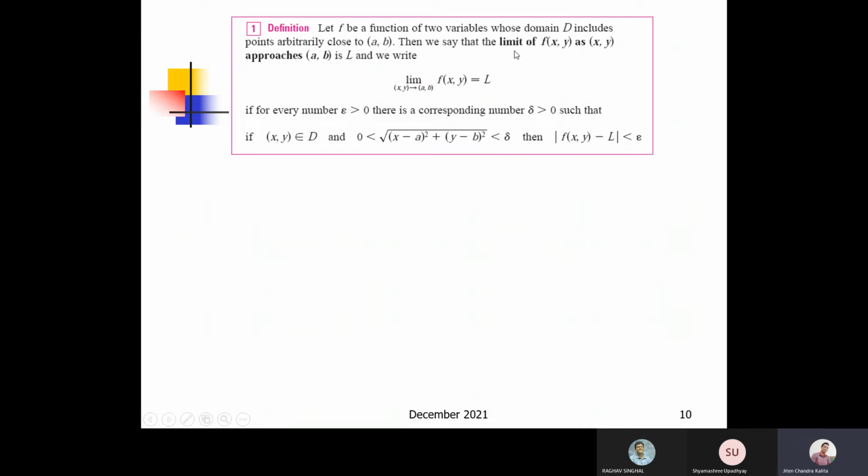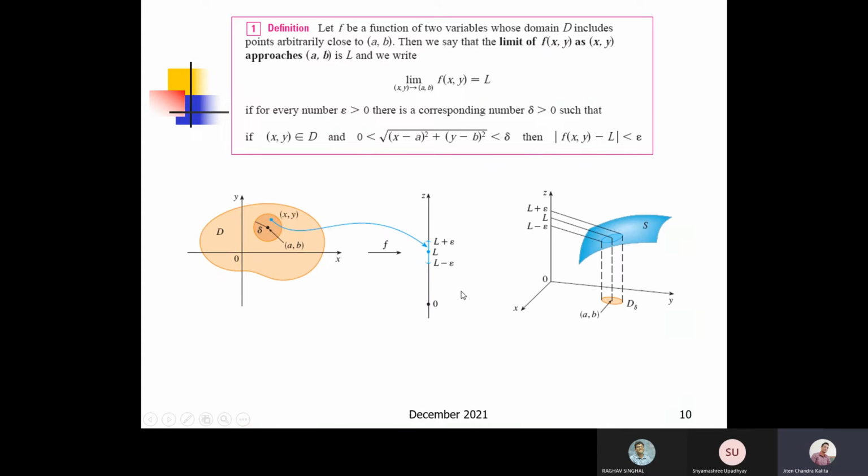Then we say that the limit of f of xy as xy approaches AB is L, and we write it as this. This is valid if for any number epsilon greater than 0, there is a corresponding number delta greater than 0, such that if xy belongs to D and this inequality is satisfied, then mod of f of xy minus L must be strictly less than epsilon.